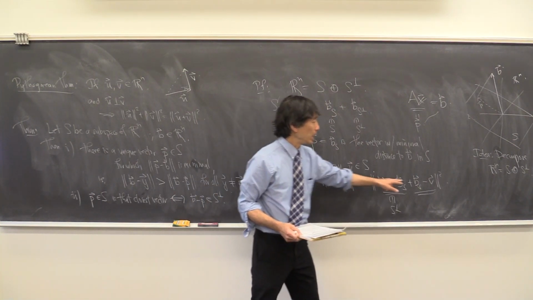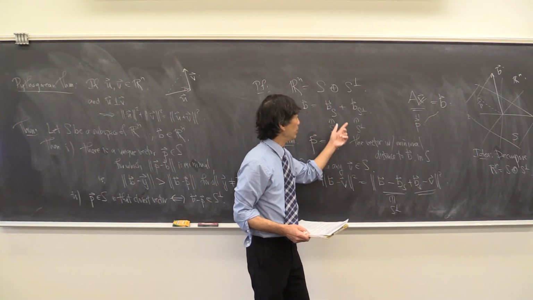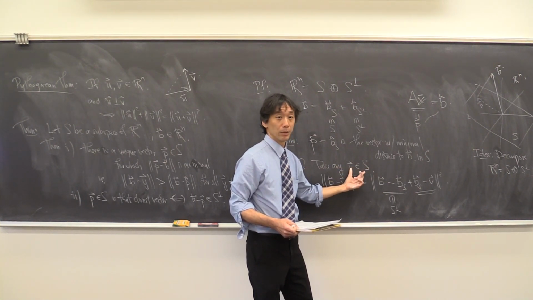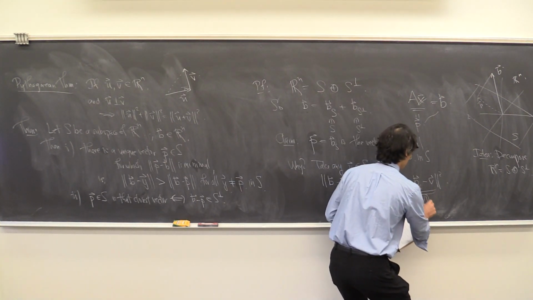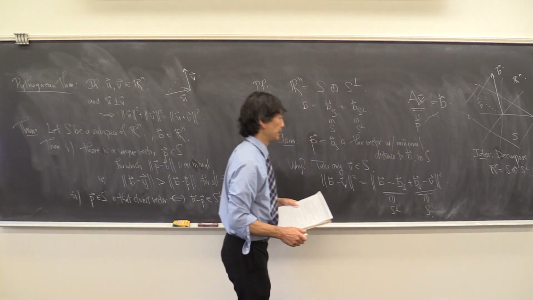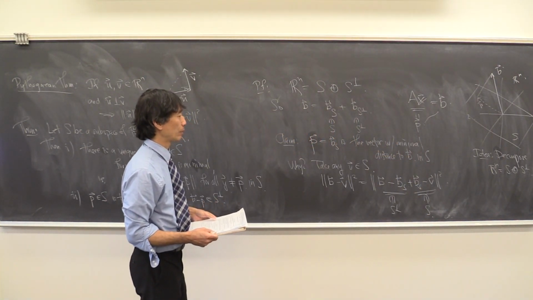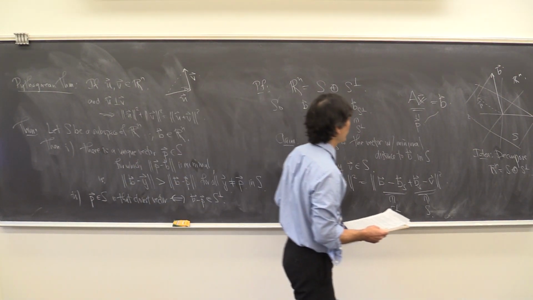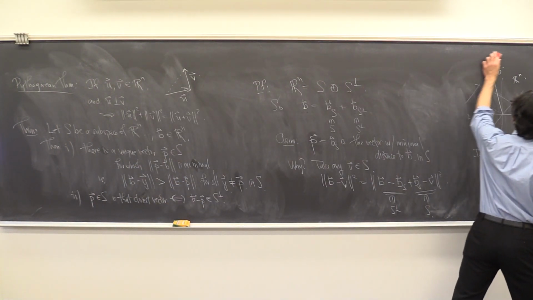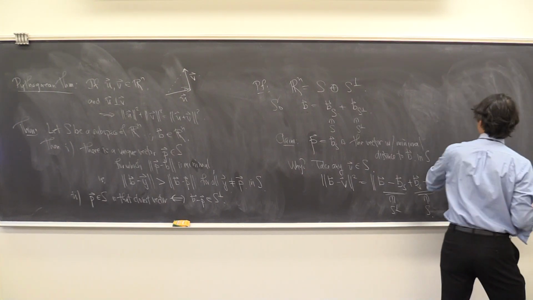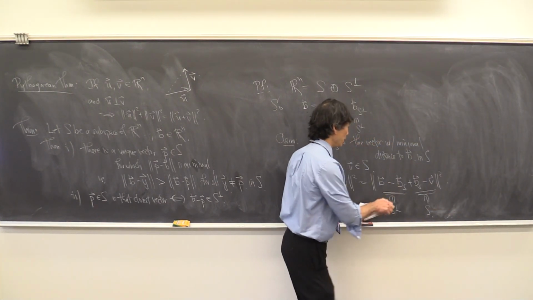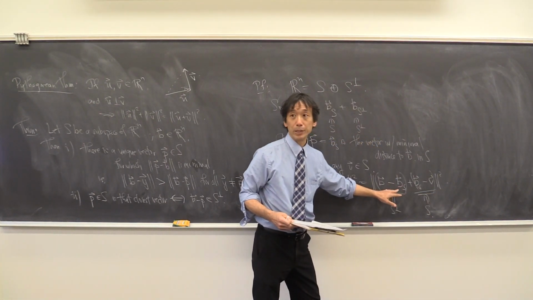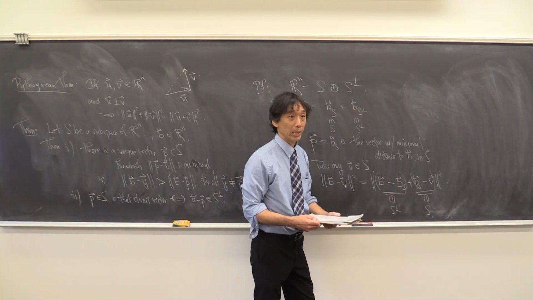Bs minus V, well, Bs was in S, and V is in S, so this thing is in S. So these two parts are perpendicular to each other, and so we can use the Pythagorean theorem.